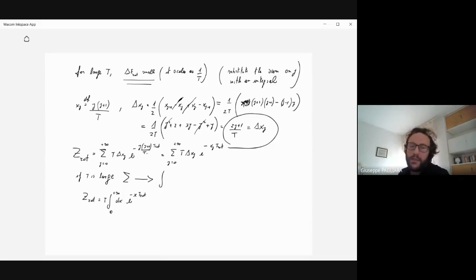Because this delta xj, of course, is small, and therefore the sum will approximate an integral in dx. And now this can be done. Here you have the exponential of minus x t rot, which will be itself divided by t rot, computed from 0 to plus infinity. I just get t divided by t rot.